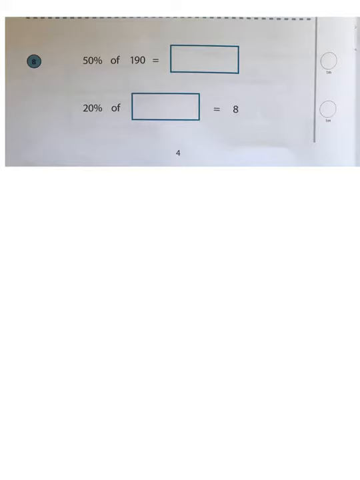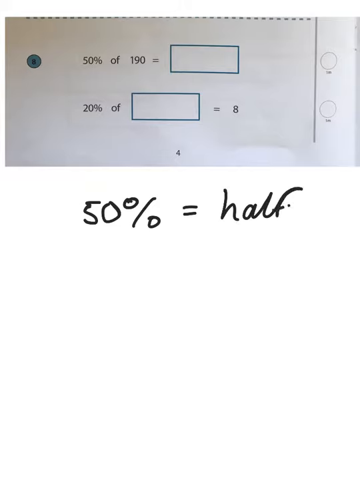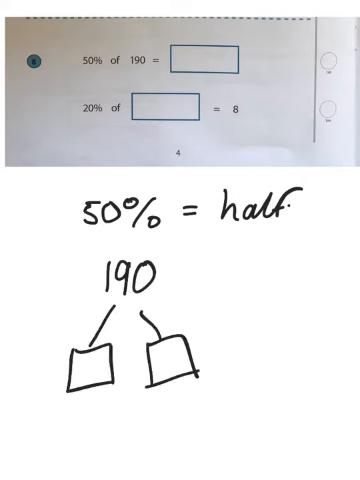Next one, 50% of 190. What's 50% the same as? Half. So you're going to halve it, like we were saying about the paper before. So you've got 190. Split it into 2 boxes. If you wanted to, you could split the 100 first.